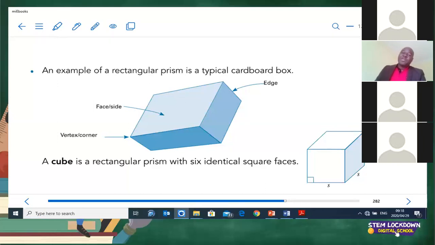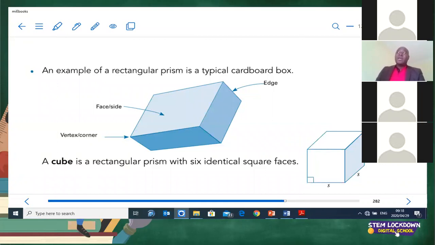There's a difference between a rectangular prism and a cube. A cuboid is just known as a rectangular prism, but a cube is also a rectangular prism. Because remember that a square is also a rectangle because it has got a length and a breadth, although they are equal.